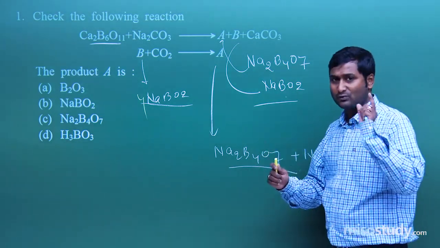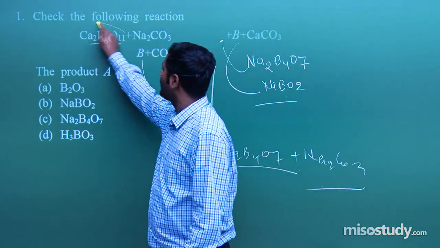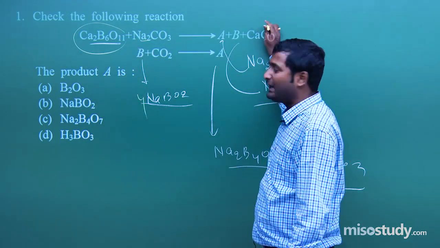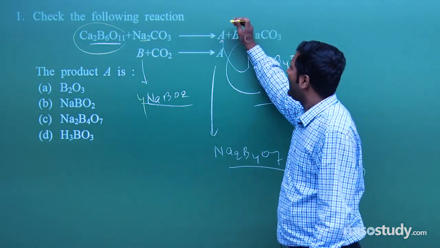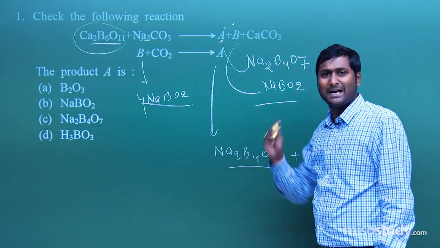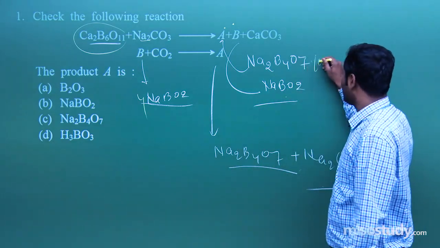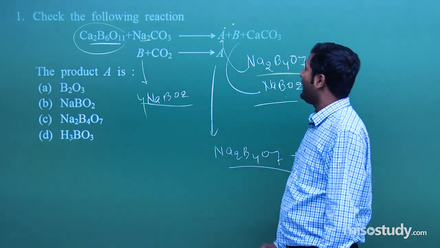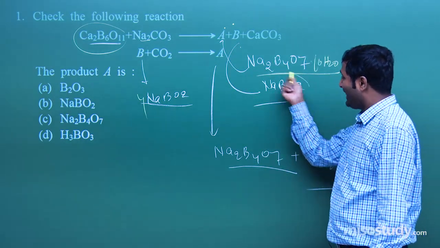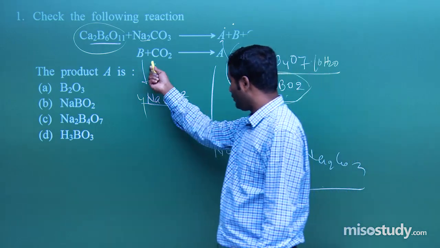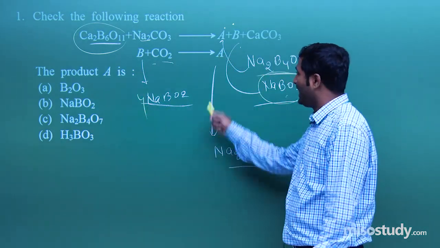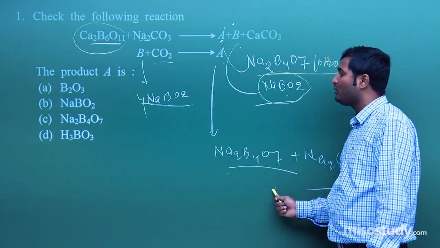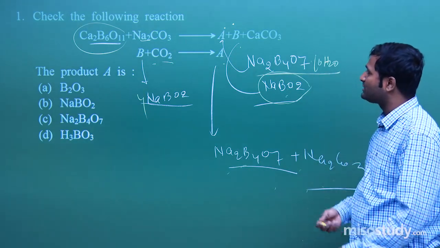So in this case, colemanite when treated with Na2CO3 gives you anhydrous Na2B4O7, and the complete formula of borax is Na2B4O7 into 10H2O. And next one is NaBO2. Again, how to check this NaBO2 when treated with CO2? It again gives Na2B4O7 and Na2CO3.